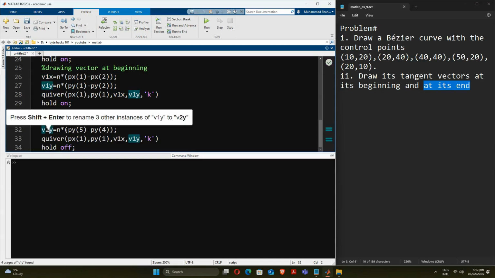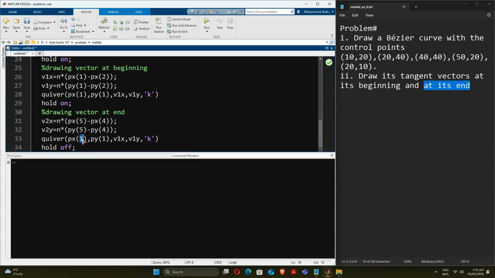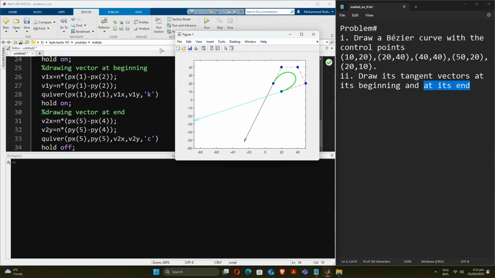And we will use the quiver function again. Just change it from first coordinate to last coordinate, and here v1x to v2x and v2y, giving it some different color. And we will just run the section, and we have both of our vectors.